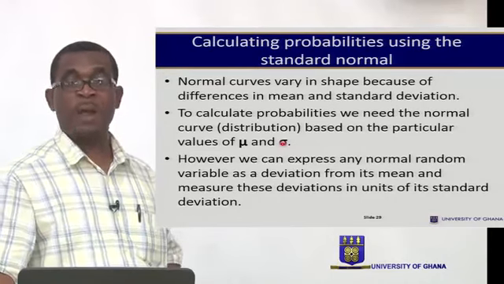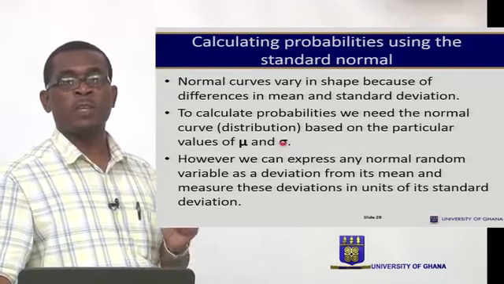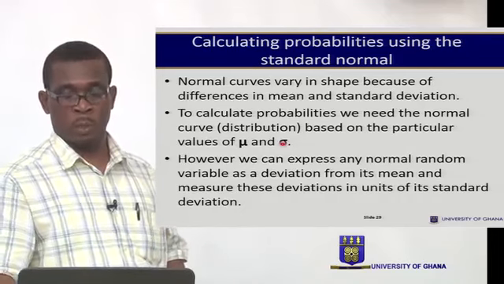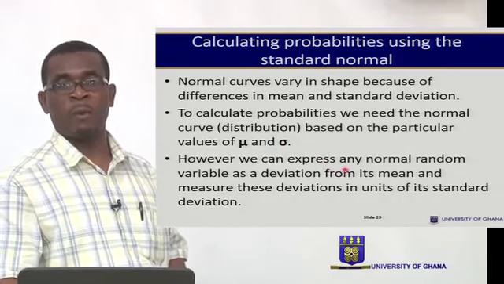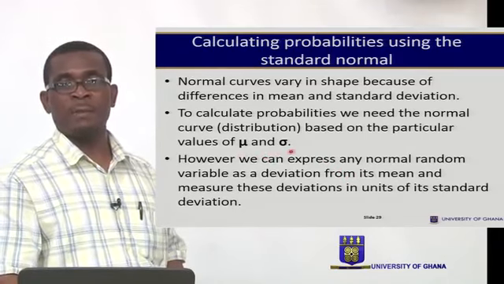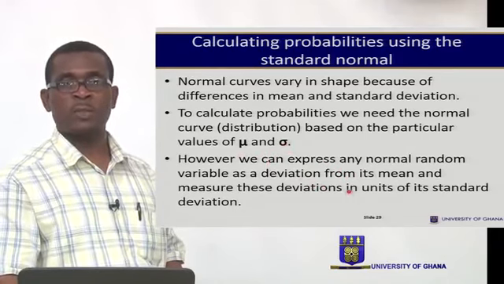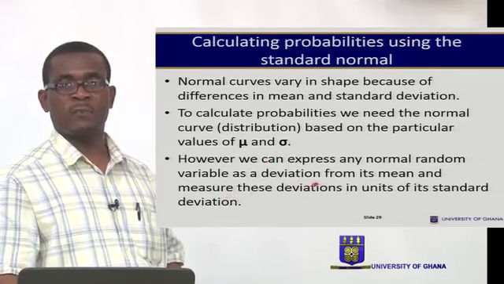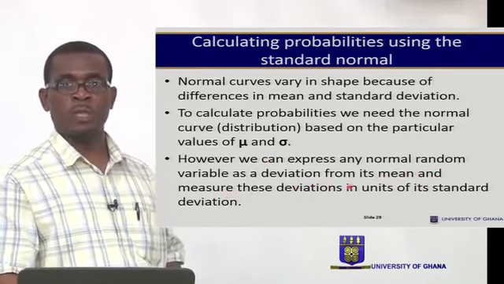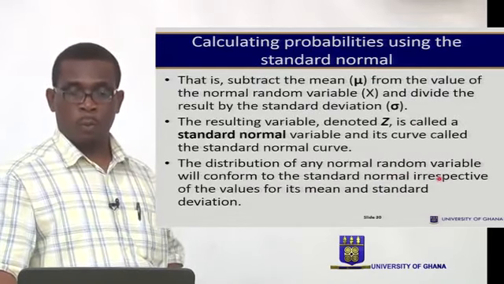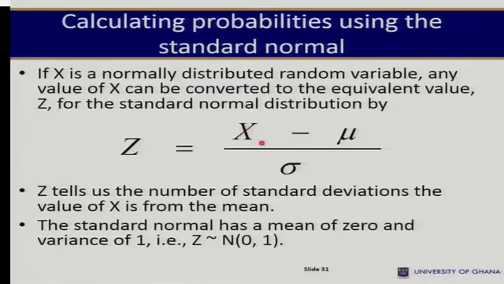When you subtract from each value assumed by the random variable its mean, and divide by the standard deviation, it allows us to express it as a deviation from the mean, measured in units of standard deviation. So if a normally distributed random variable x is this, we can subtract from each x the mean and divide the result by the standard deviation.